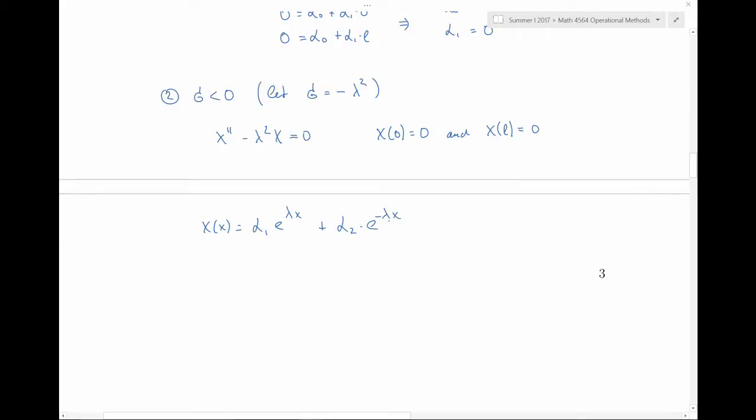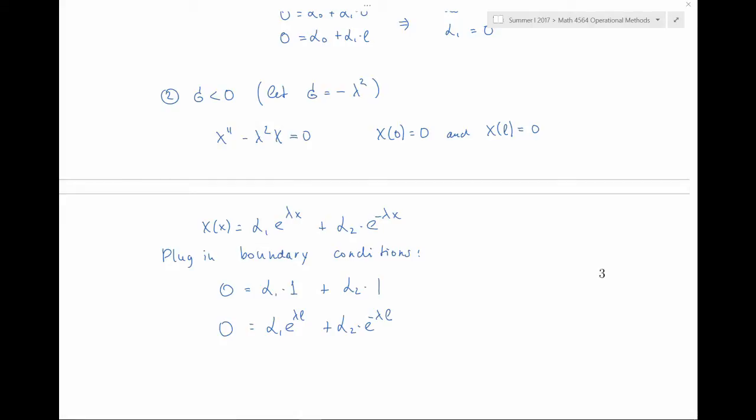Plugging in x equals 0 and x equals L yields the following system. We get that 0 should be alpha 1 times 1 plus alpha 2 times 1, and 0 should also be alpha 1 times e to the lambda L plus alpha 2 times e to the minus lambda L. If we consider alpha 1 and alpha 2 as unknown variables and assume that lambda is non-zero and L is not 0, then we will have a system that is consistent and whose matrix has a non-zero determinant, which means that the system has only one solution.